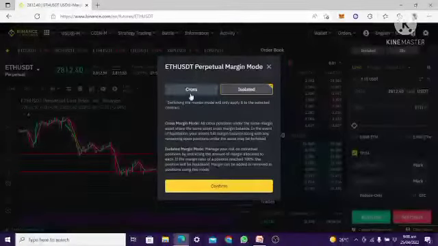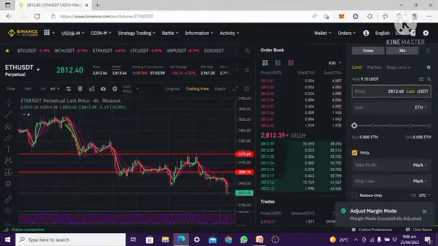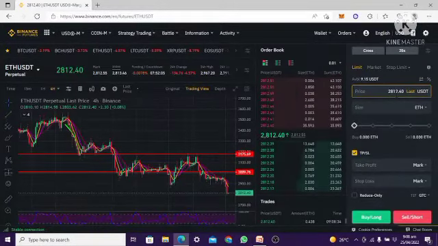So either, let's say in this session we are using cross, you confirm it in cross, then you fill it in, and remember it's in limit. Your price, I want to buy at 2,800. So this is what I want to buy.